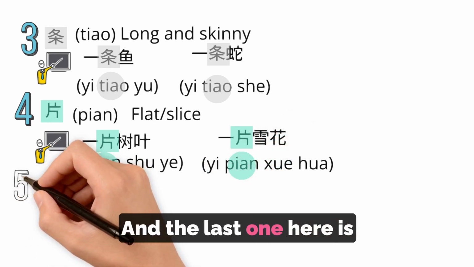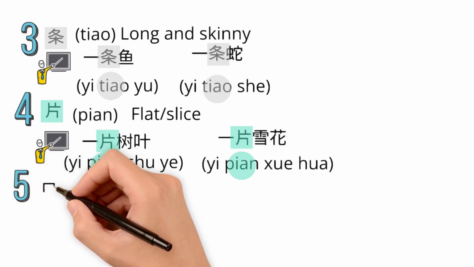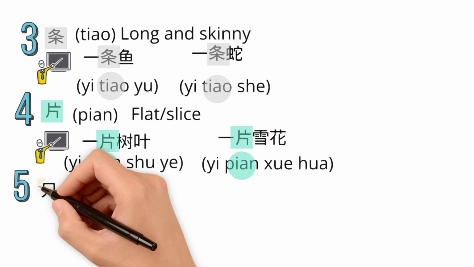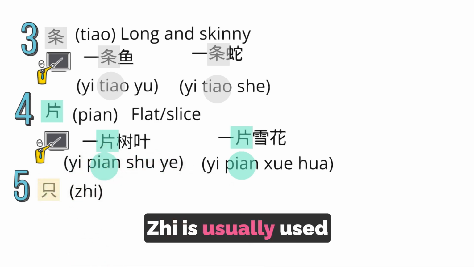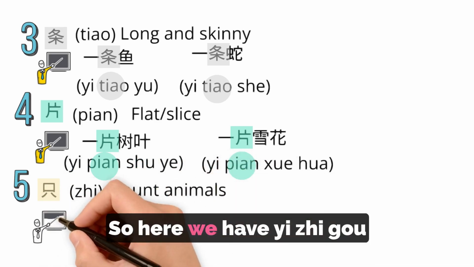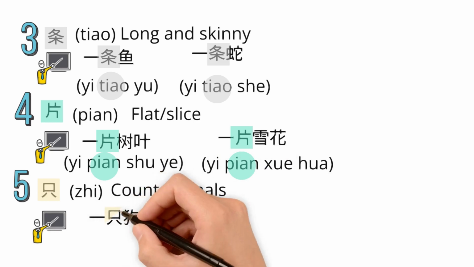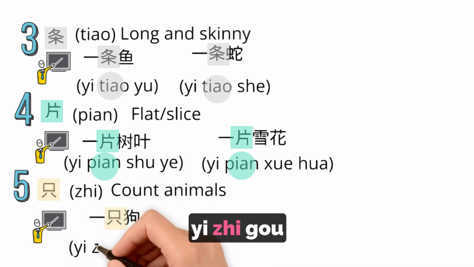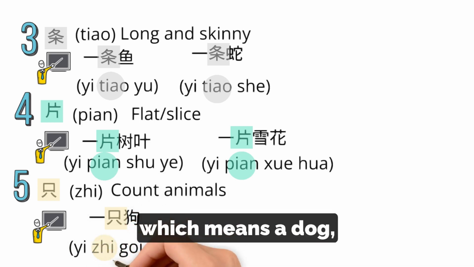And the last one here is 只. 只 is usually used to count animals. So here we have 一只狗, which means a dog.